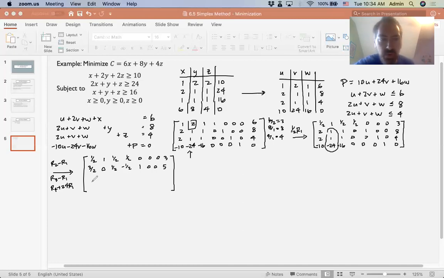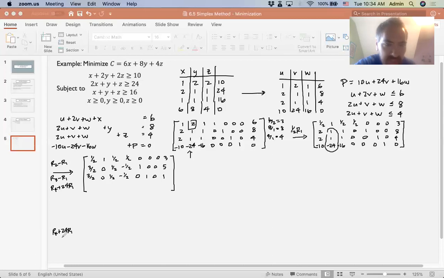And now same thing with row 3. Row 3 minus row 1: 3/2, 0, 1/2, negative 1/2, 0, 1, 0, and 4 minus 3 is 1. Then row 4 plus 24 times row 1.